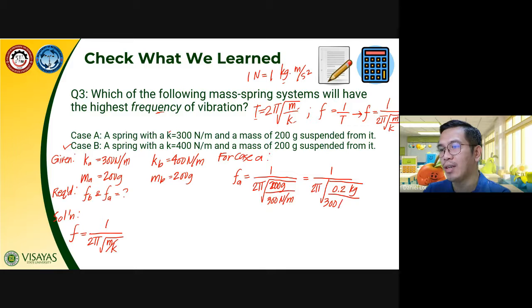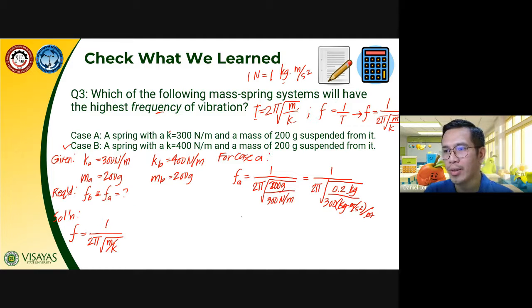So we have 300 kilogram meter per second squared per meter. So we can now cancel kilogram and meter. So ang mahabilin lang sa itong equation is per second squared. Nasa sulod siya sa square root na sign, so inigawas niya, that would be per second.